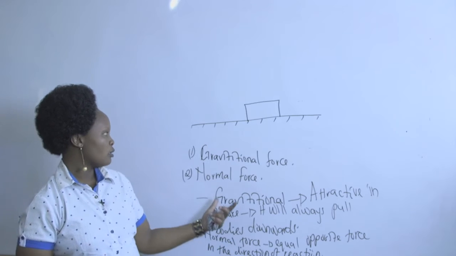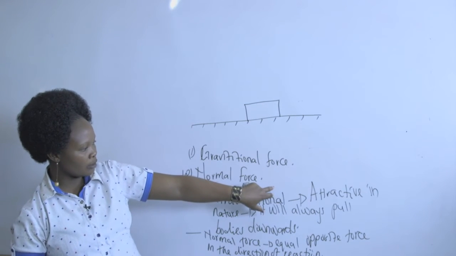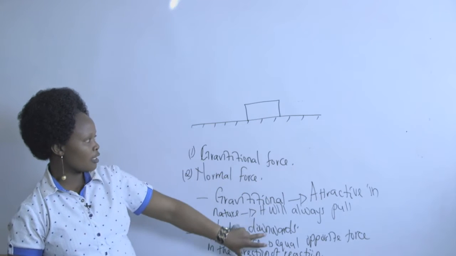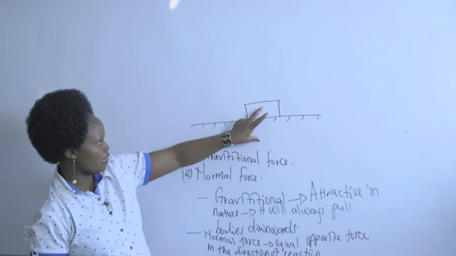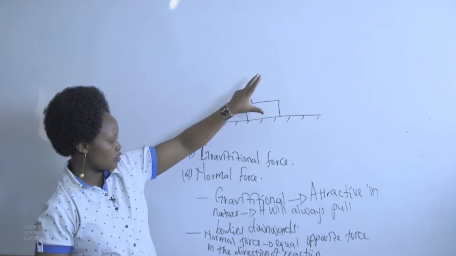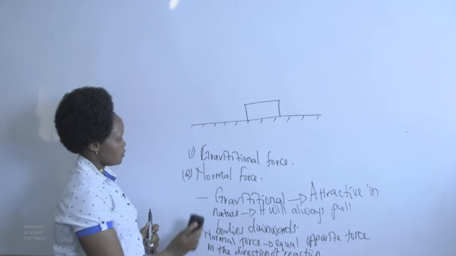That the gravitational force acts on the body and pulls it downwards. Therefore, the body also exerts another force in an opposite direction that should counteract the effect of the gravitational force.